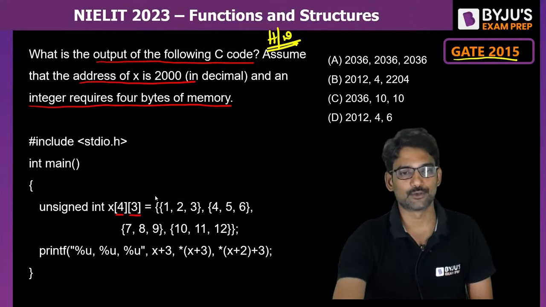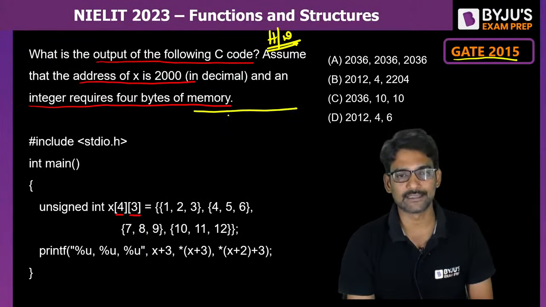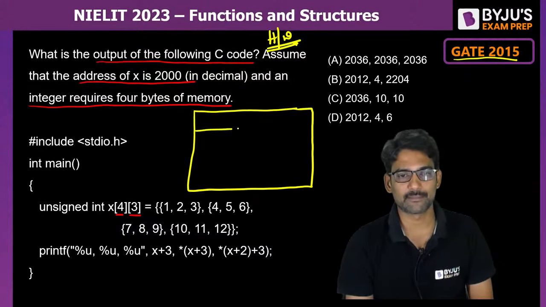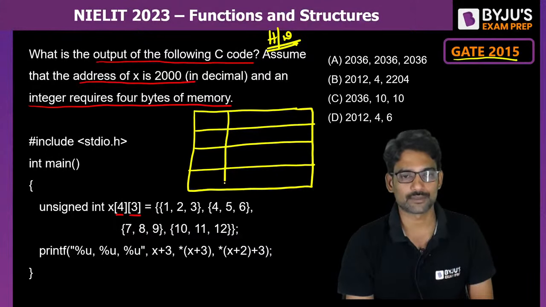So first let us form a matrix of 4 rows and 3 columns. This array name is X, and the base address is given as 2000.